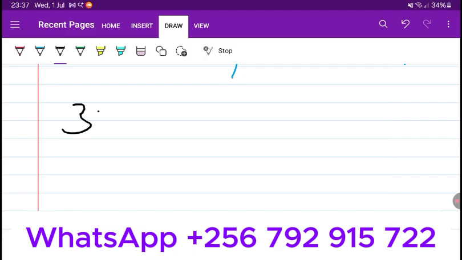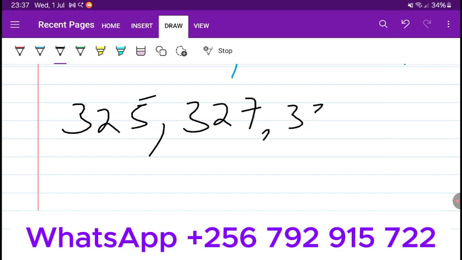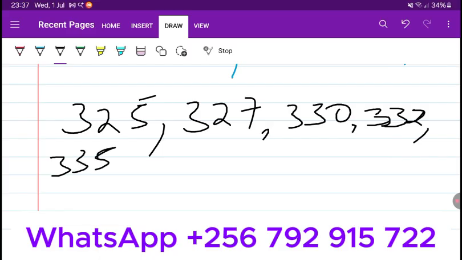we can have information maybe 325, then 327, maybe 330, then 332, then maybe you have 335, then 341, 345, and finally we can have 347.